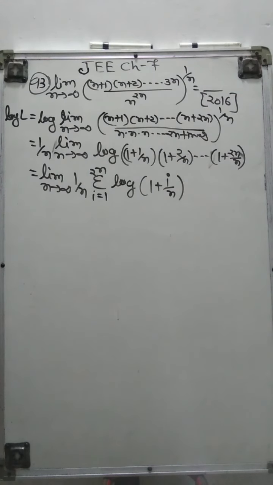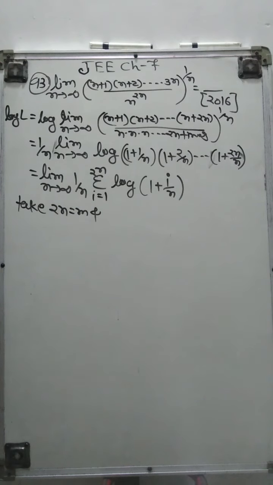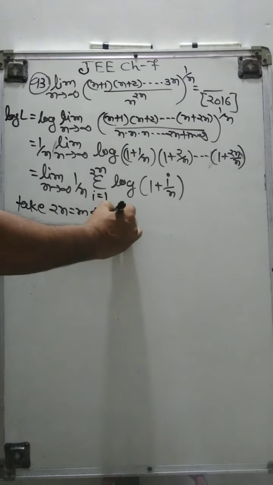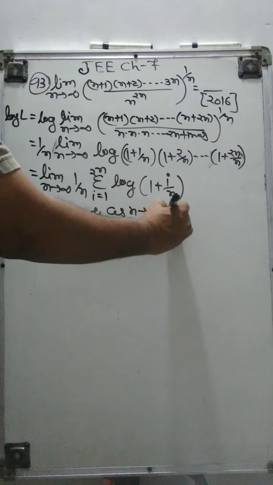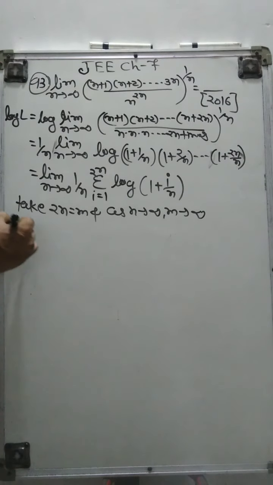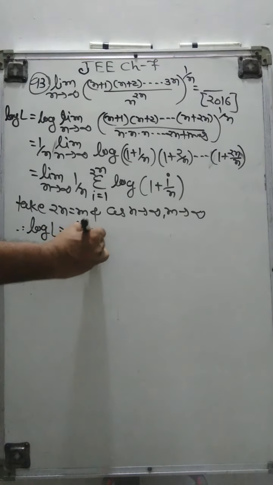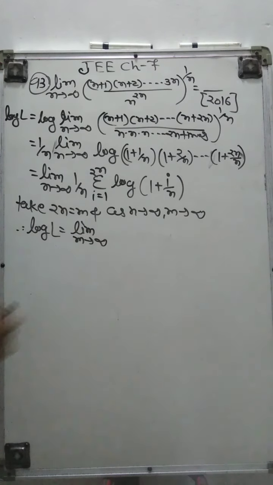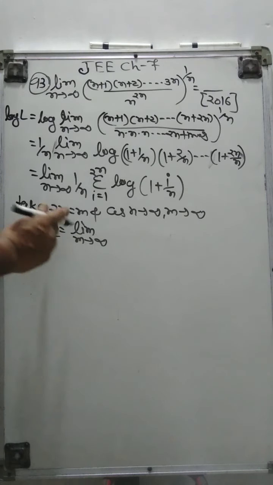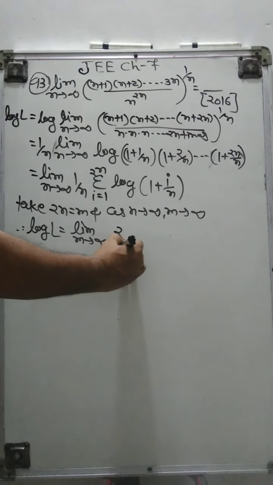So this way, if we take 2n equal to m, as n tends to infinity, m also tends to infinity. So we get log L is equal to limit m tends to infinity, and here we put 1 upon m, or 1 by n is equal to 2 upon m.